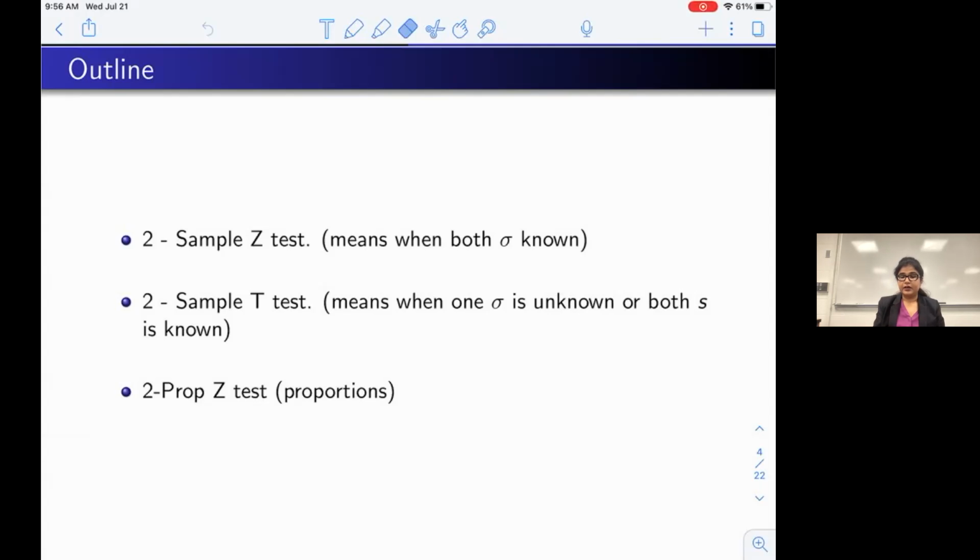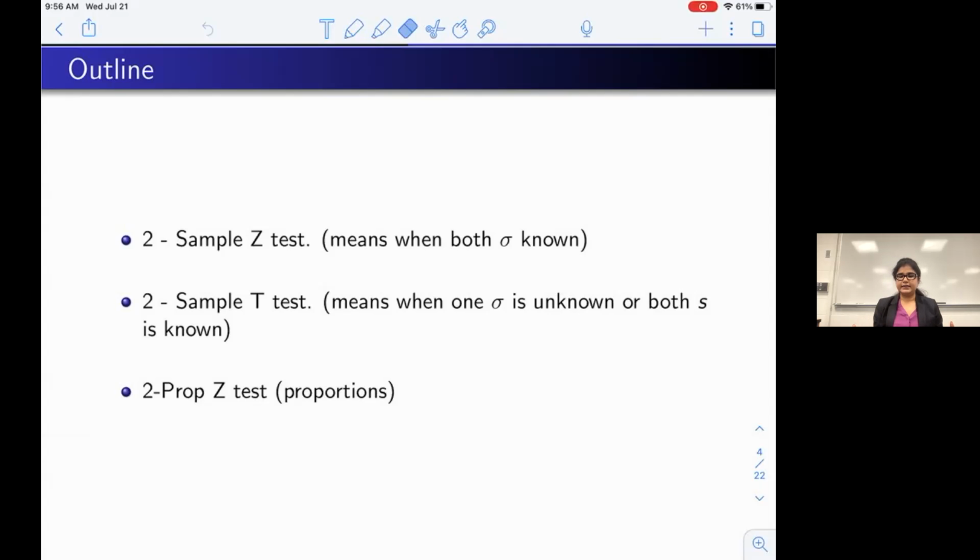If for both of the groups you know their population standard deviation, then we will be using the two sample z-test. If, for instance, for one group you know the population standard deviation and you do not have any information for the population standard deviation of the other group, then we use the two sample t-test.